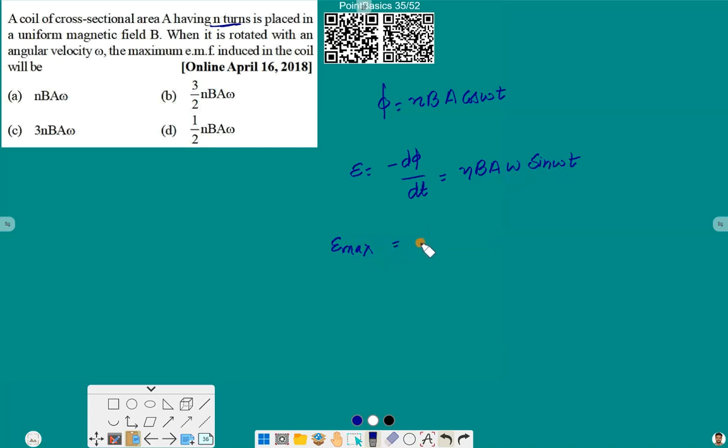So maximum induced EMF will be nBA omega. And if we have to find the minimum value, then sine omega t will be 0 and the minimum value of EMF will of course be 0. We have been asked the maximum value here, so nBA omega will be the right answer. Let's move to the next one.